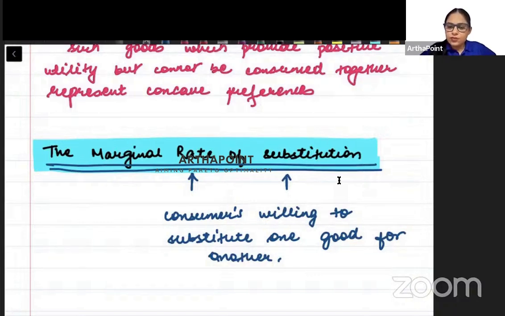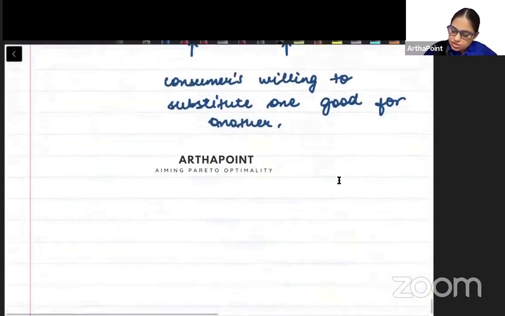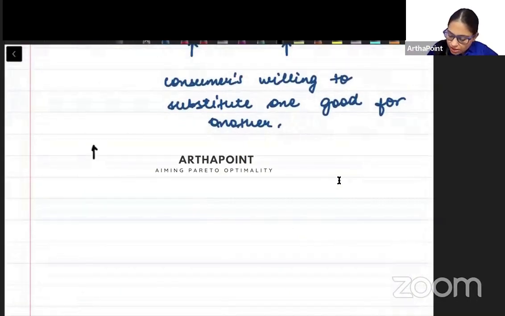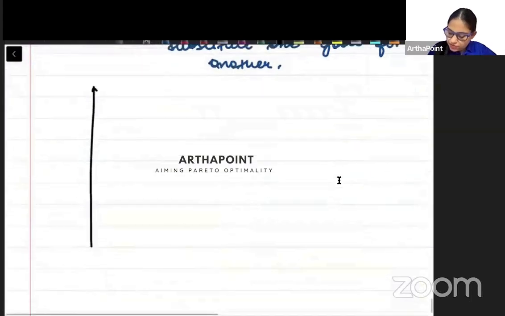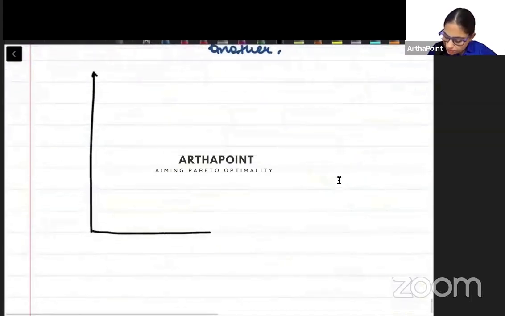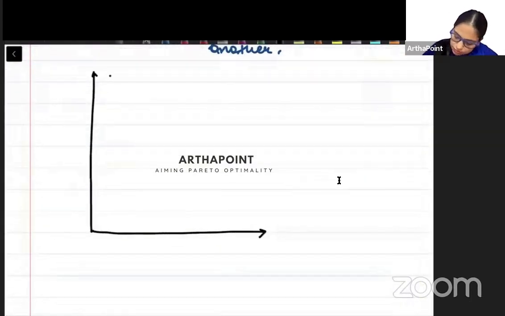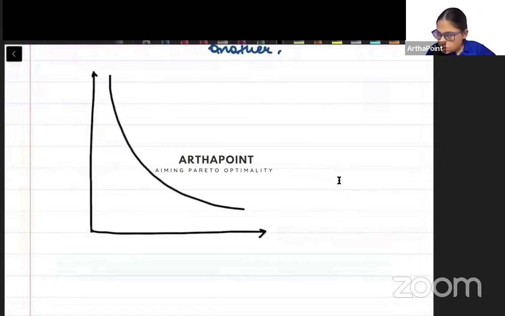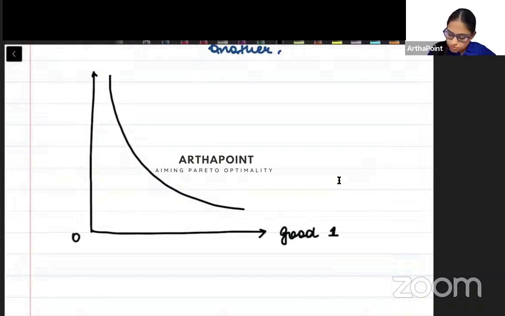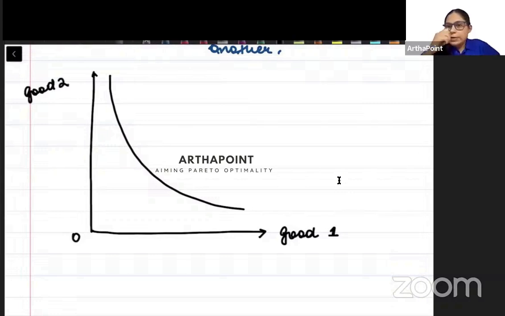So what do we do, beta? देखो ध्यान से. I am taking an indifference curve. Good 1, good 2.